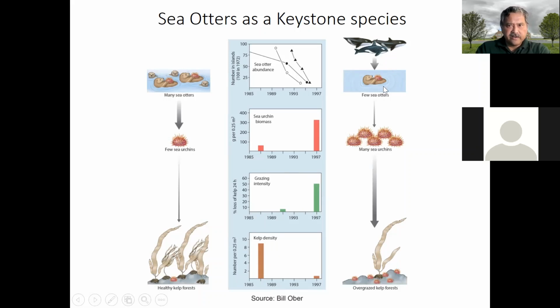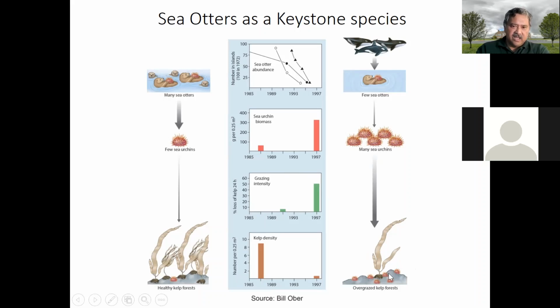And if you look over here, here's a pod of orca that are killing off the sea otters. And that means there are fewer sea otters. And then the urchins are able to reproduce without being eaten by the sea otters.